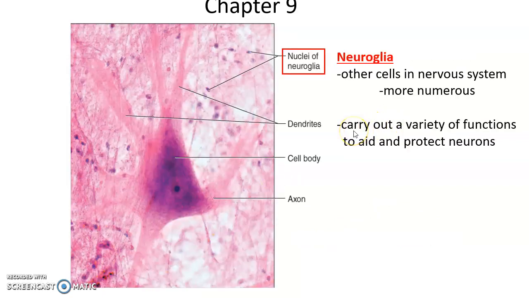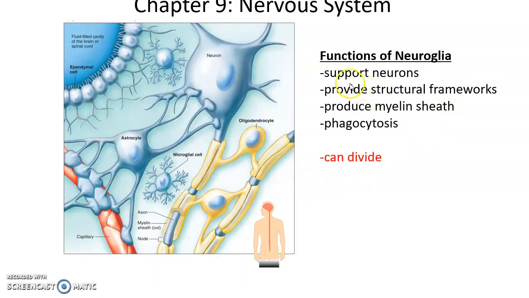All right, moving on to the neuroglia cells. Turns out there are more non-neuron cells in nervous tissue than there are neurons, and they carry out a variety of functions in order to aid and protect the neurons. Some of their functions include supporting the neurons, physically supporting them, controlling what is in their environment.